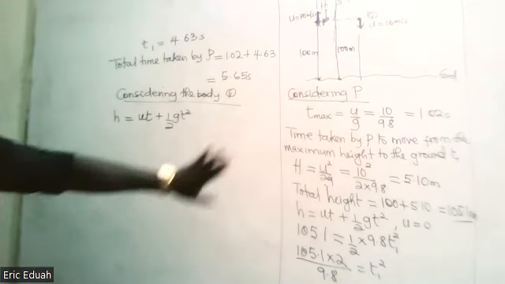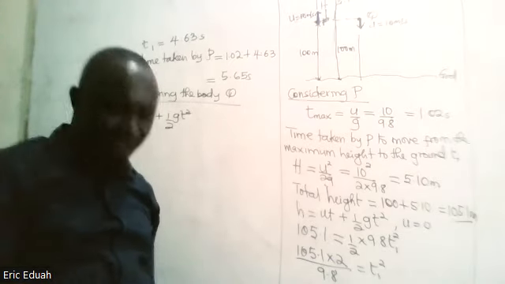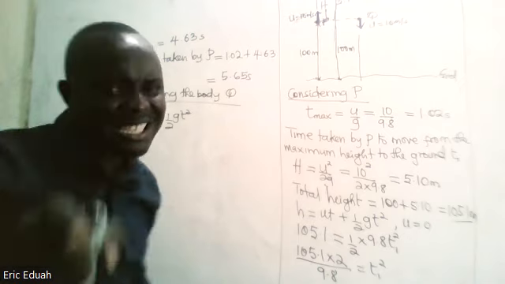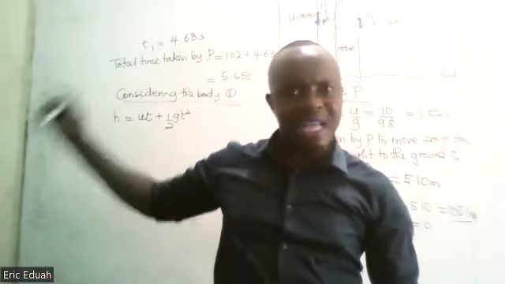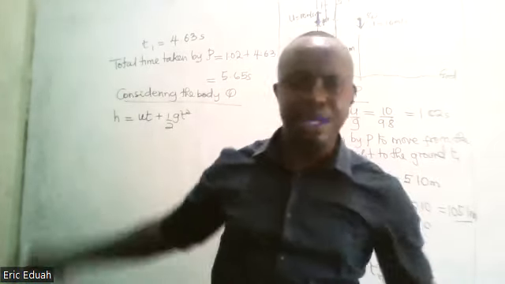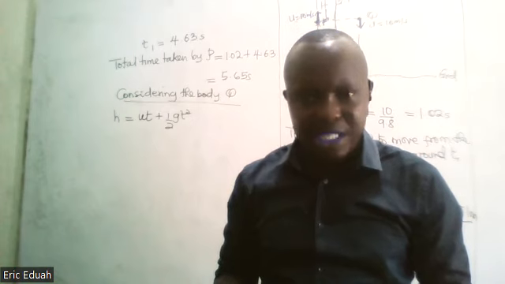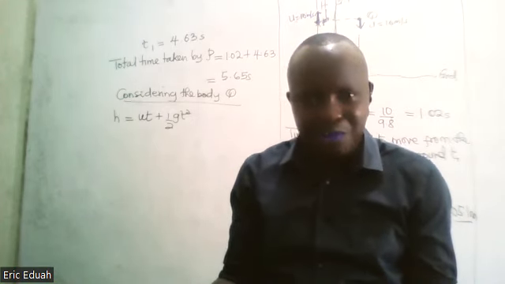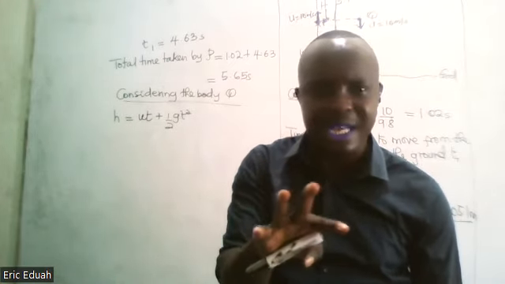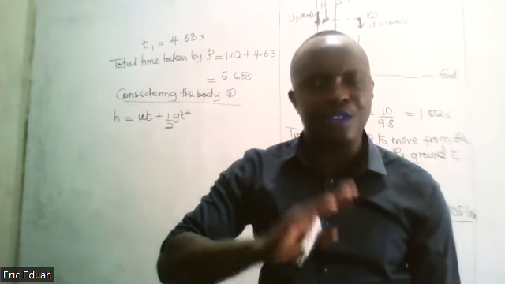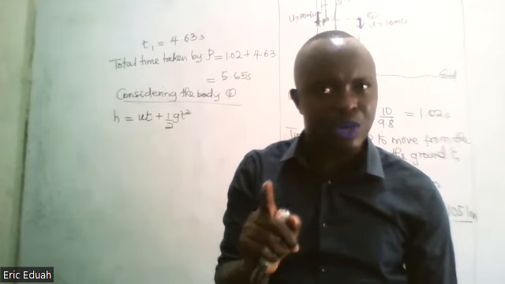All right. So my problem with the information is that once Q is given an initial velocity, its acceleration would have to be different. It shouldn't be due to gravity, so it shouldn't be 9.8. Because if it's accelerating by that margin, then the initial velocity must be 0. But whoever set the question failed to realize that if the body is not free falling, the acceleration will not be 9.8 meters per second squared or 10.